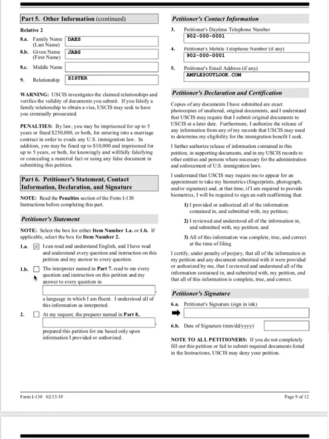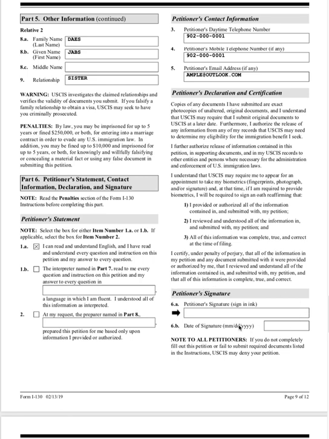Petitioner statement. Select the box for either item 1A or 1B if applicable. Select the box for item number 2. I can read and understand English, and I have read and understand every question and instruction on this petition and my answer to every question. I selected 1A. If you use an interpreter, select 1B, and if someone prepared the document on your behalf, then enter the preparer's name here.